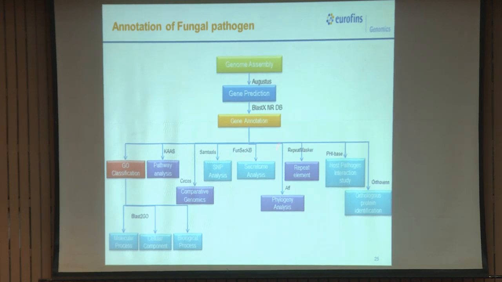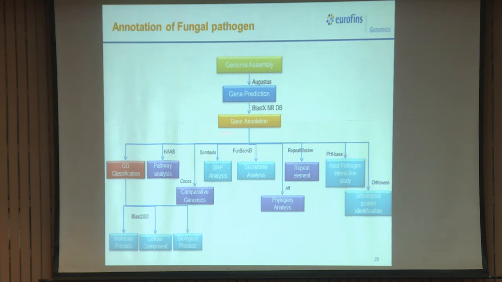Apart from gene annotation, we can also do GO classification, wherein we can functionally classify molecular, cellular and biological processes. So, the genes can be classified into these GO classifications. We can also identify different pathways where the genes get enriched.